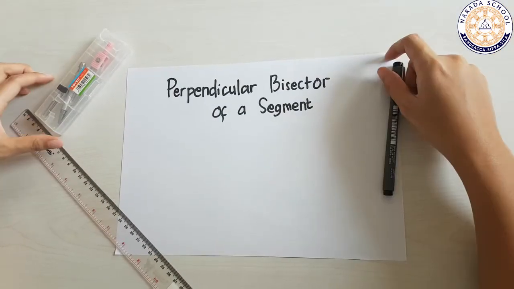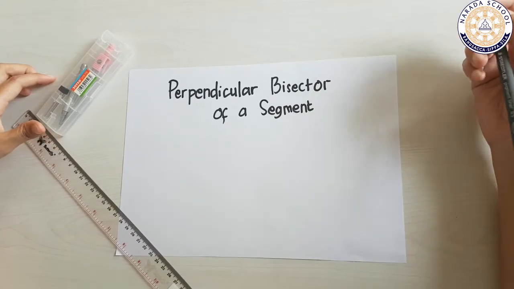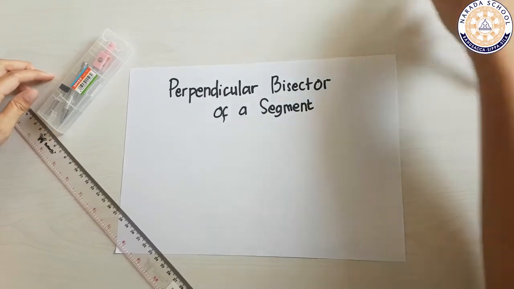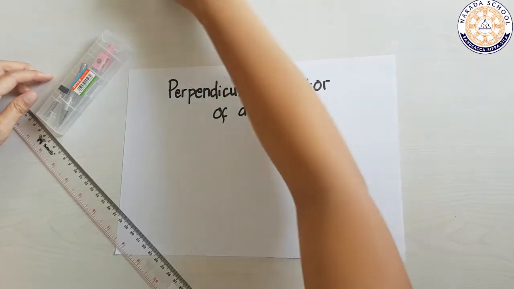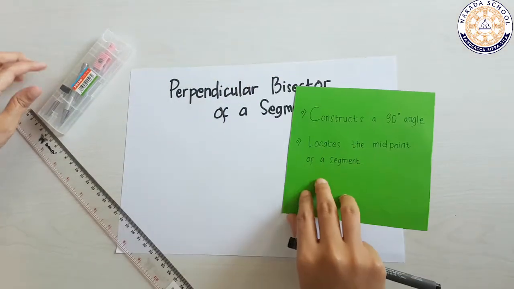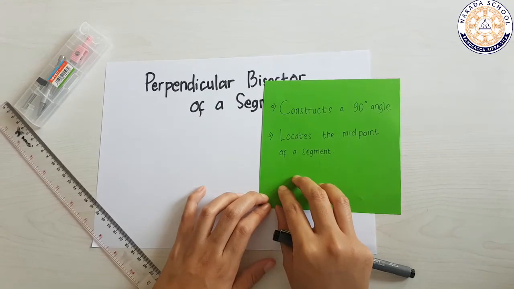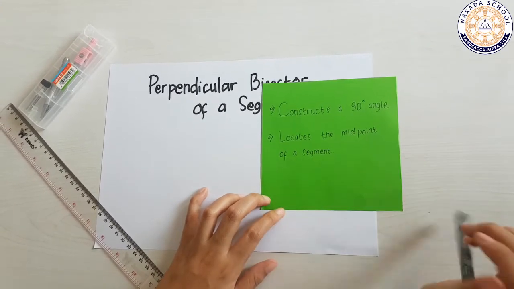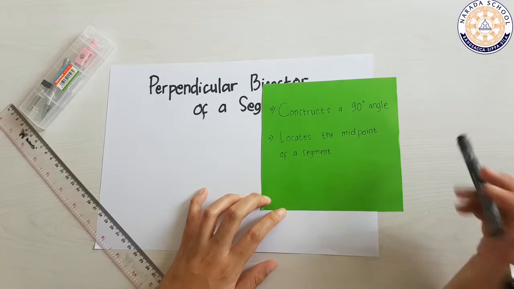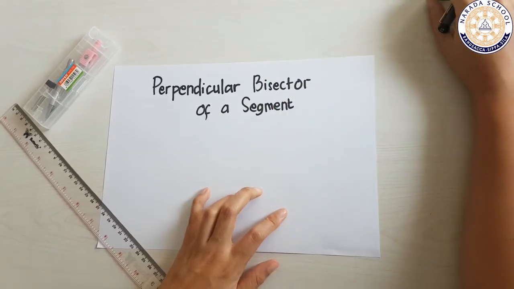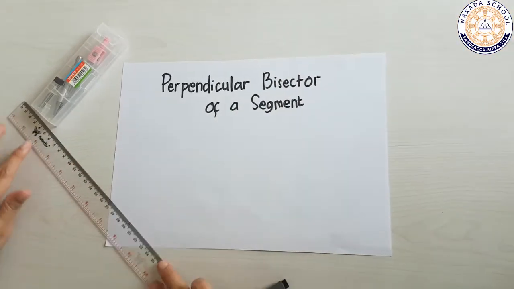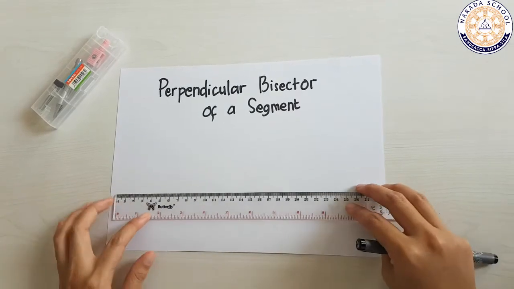So we will start how to make a perpendicular bisector of a segment. What we will do is, the first thing is construct a 90-degree angle, and the second thing is locate the midpoint of a segment. Okay, the first thing that we need to do is make a line segment first.